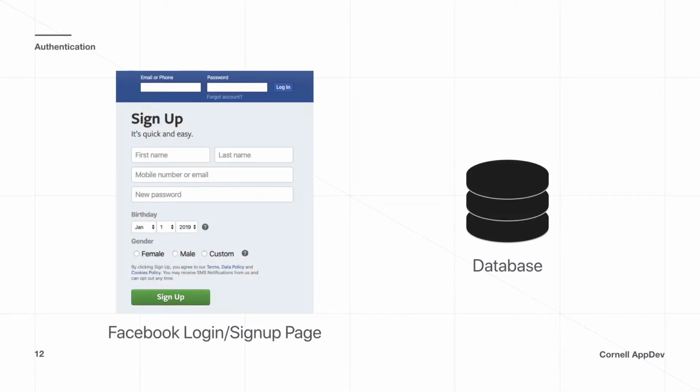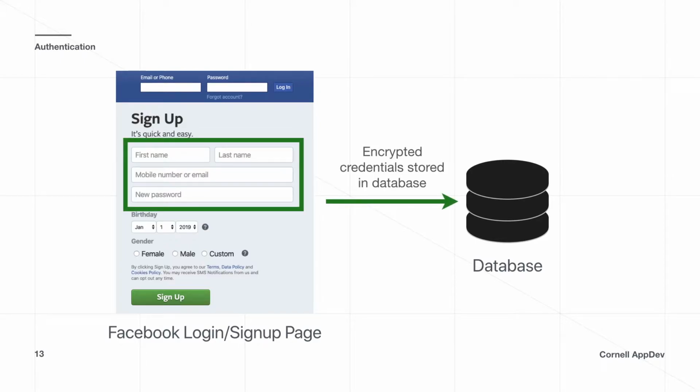For this example, we can talk about Facebook. On the left, you have the login and the sign up page. Let's say that Facebook will have a few databases. When you first sign up, you're going to fill out things like your name, email, and password. Then the Facebook client is going to send the encrypted credentials to the database and store it there.